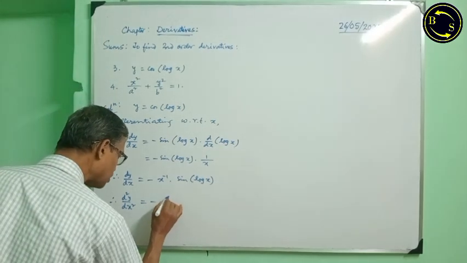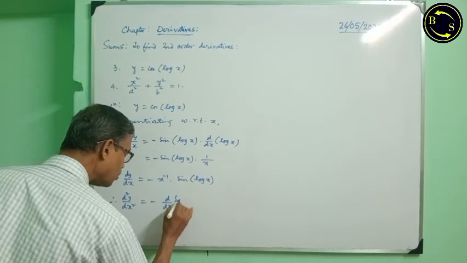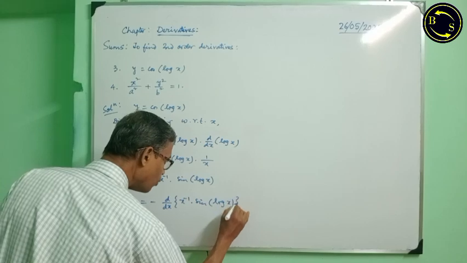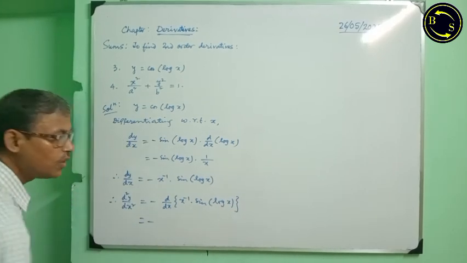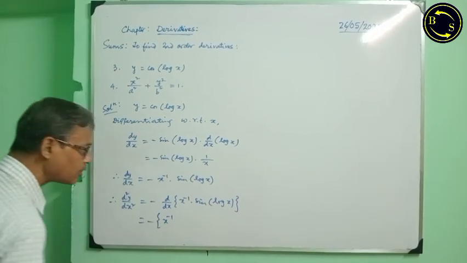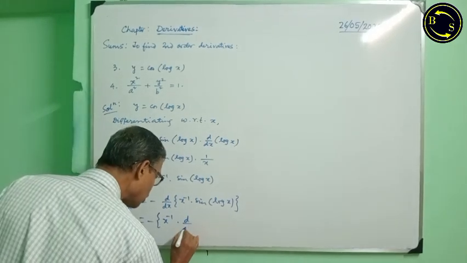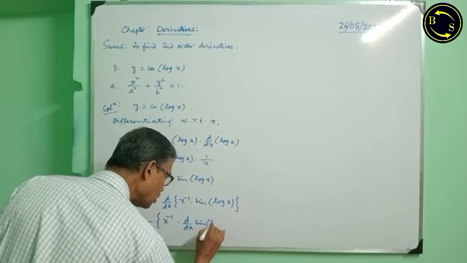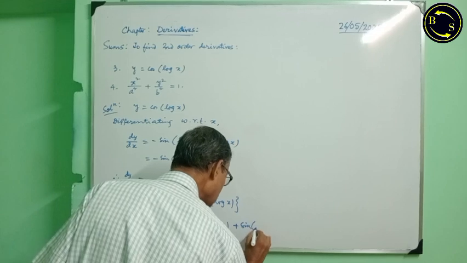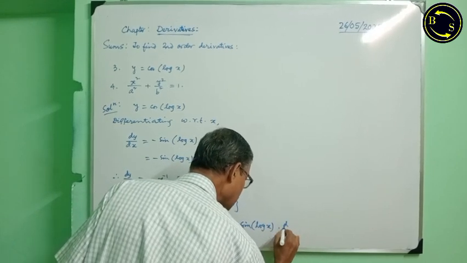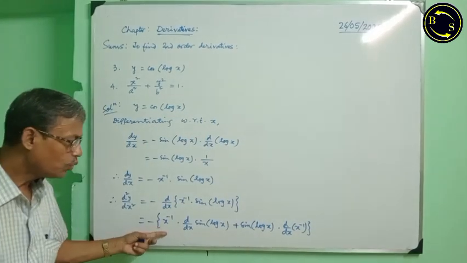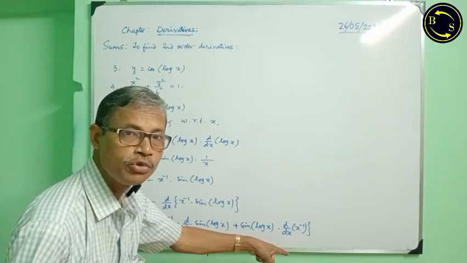That is why minus d/dx of x to the power minus 1 into sin log x, minus u into v form, plus sin log x d/dx of x to the power minus 1. U into dv/dx plus v into du/dx form.